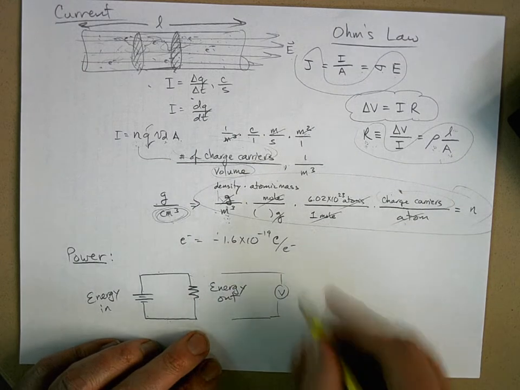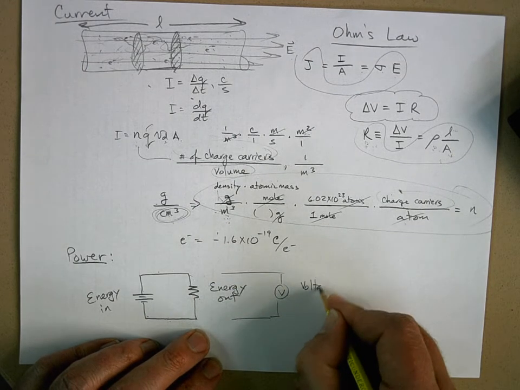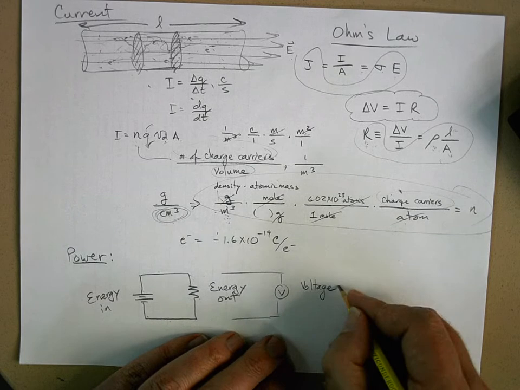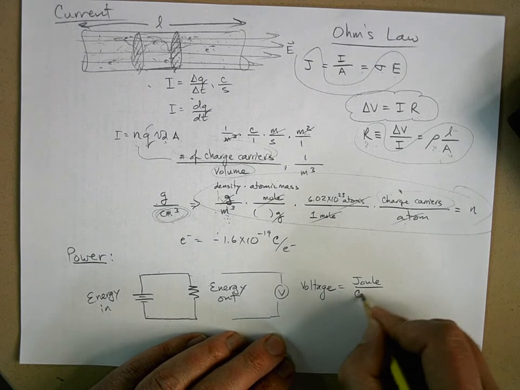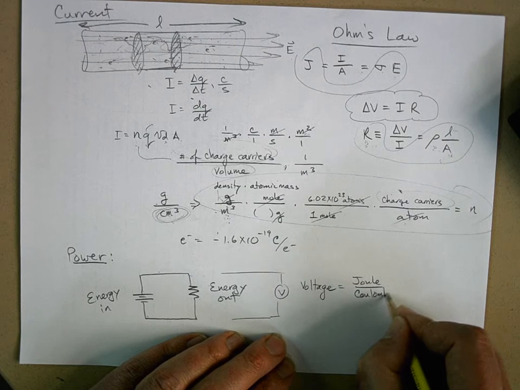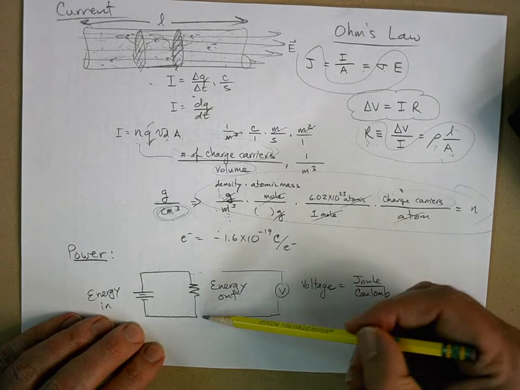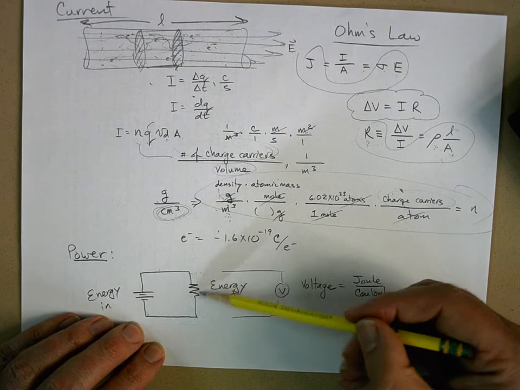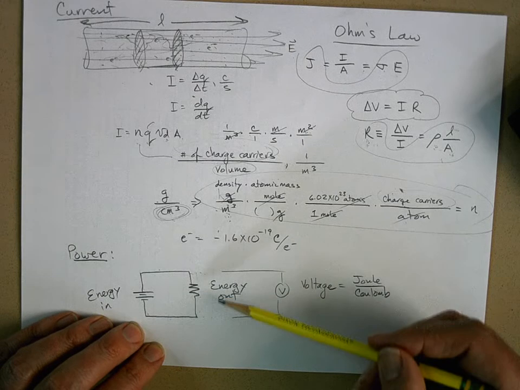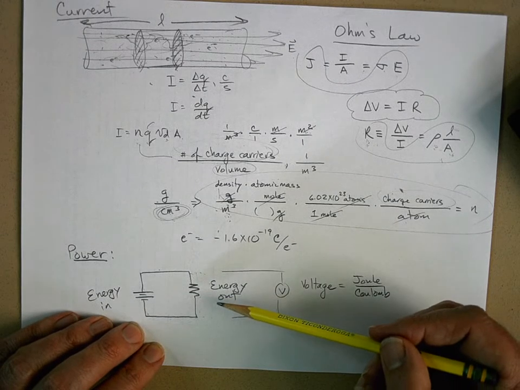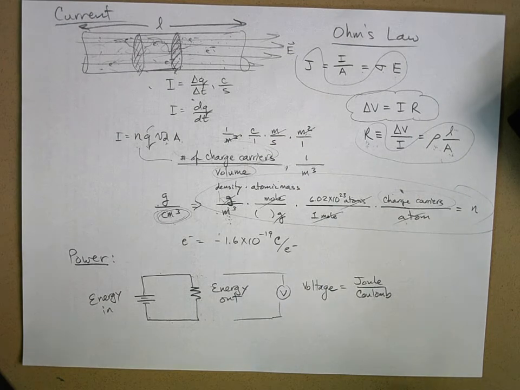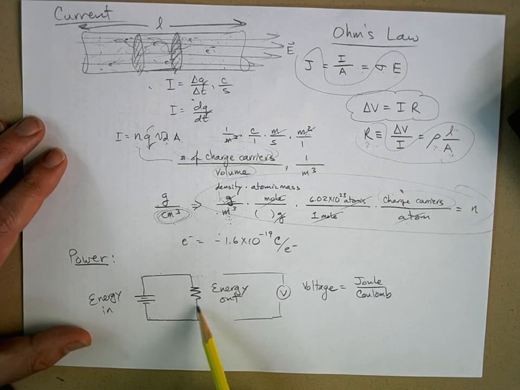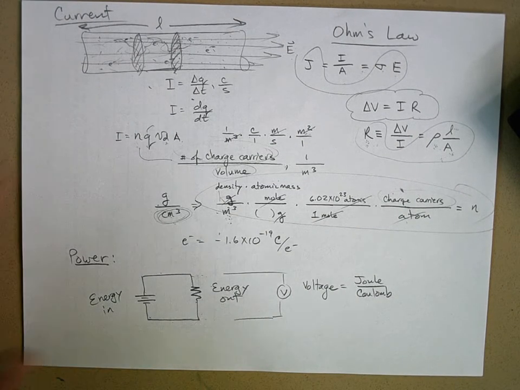Well, voltage, as we learned in the last chapter, is the amount of energy I've got per coulomb of charge. So for every coulomb of charge that flows through this device, it could be a motor or a heating element or a laptop computer, whatever is using energy for something, that's a resistive element in there.